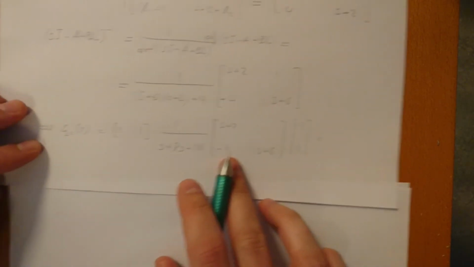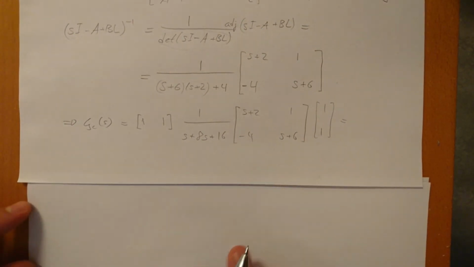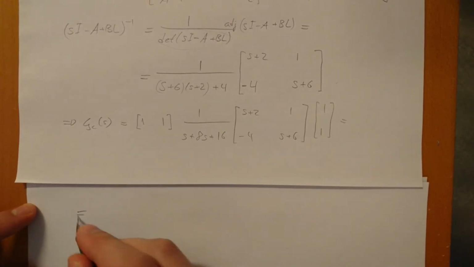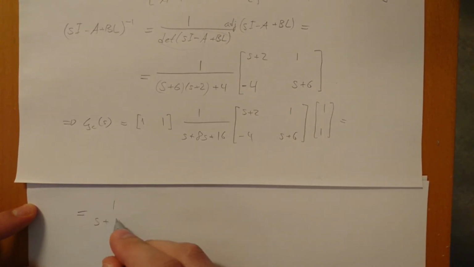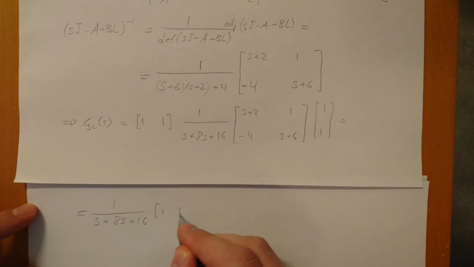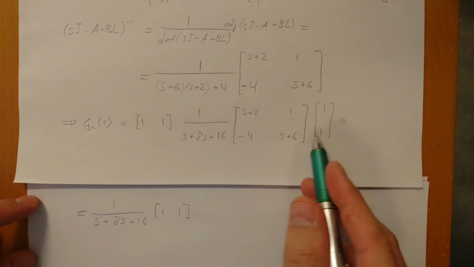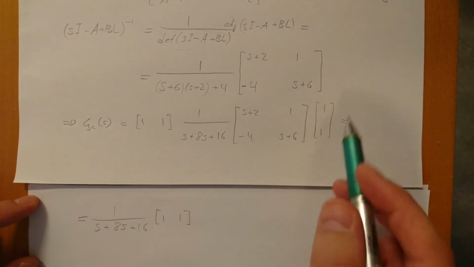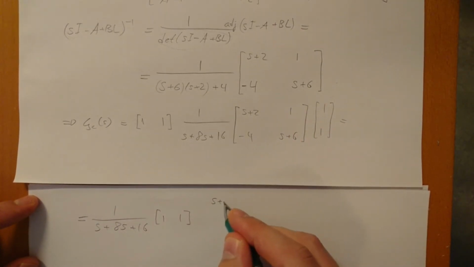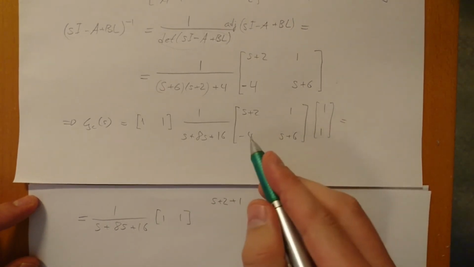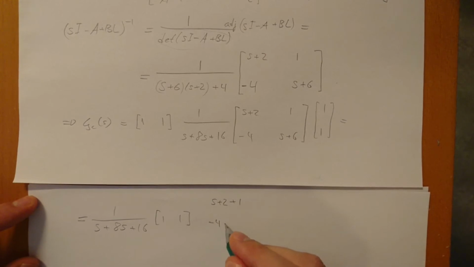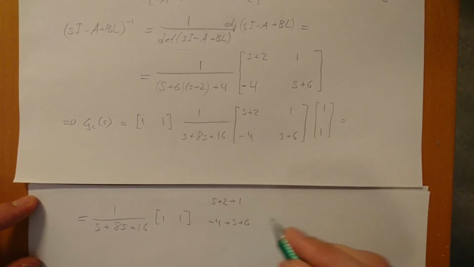Alright, so this is equal to what? I'm going to move that up front. Then we have 1, 1 times this product. Let's do that one. So it's s plus 2 plus 1. And down here it's 1 times minus 4 plus s plus 6.